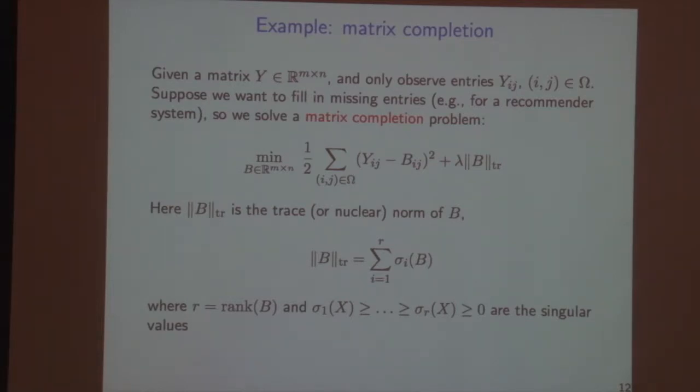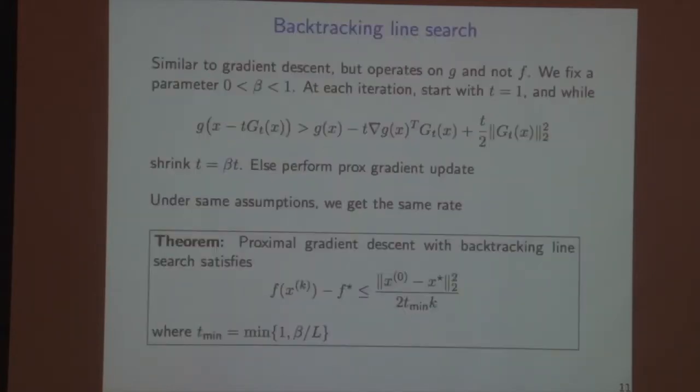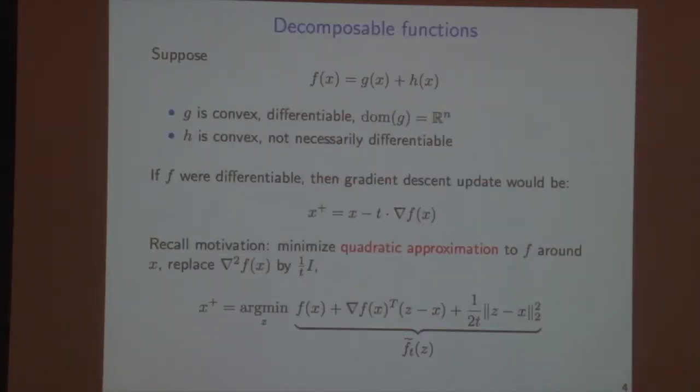So we learned this algorithm called proximal gradient descent. It was quite useful because it allowed us to solve with the same speed, at least in terms of the number of iterations required until convergence, as gradient descent, but it applied to non-differentiable convex loss functions. We're looking at decomposable functions, where we had a differentiable convex function g and then a convex function h that need not be differentiable.